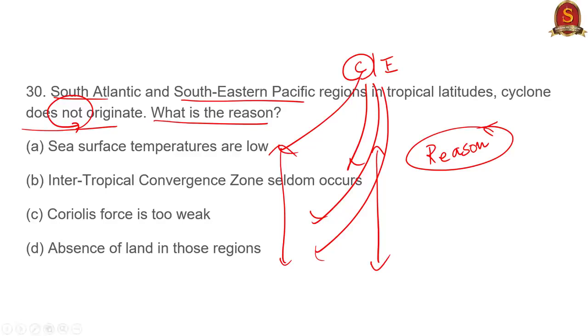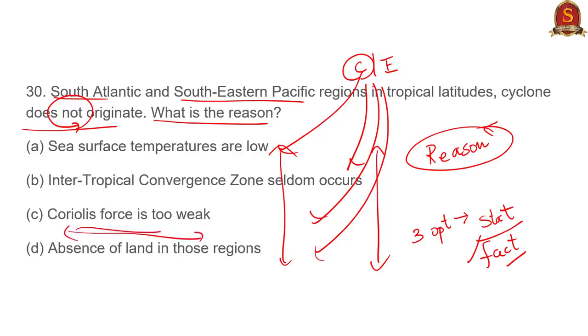If you look at the 4 options, usually 3 options given will simply be statements or facts in that area. I'll give you an example. Take this one: Coriolis force is too weak. This is a statement; it is not a cause or a reason which can influence the formation of cyclones.